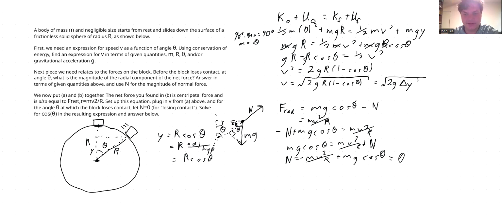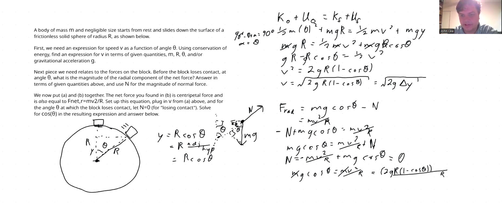So at that point, mg cosine theta is equal to mv squared over r. Cancel these out. g cosine theta is equal to v squared over r, which is going to be equal to 2 g r times 1 minus cosine of theta divided by r.